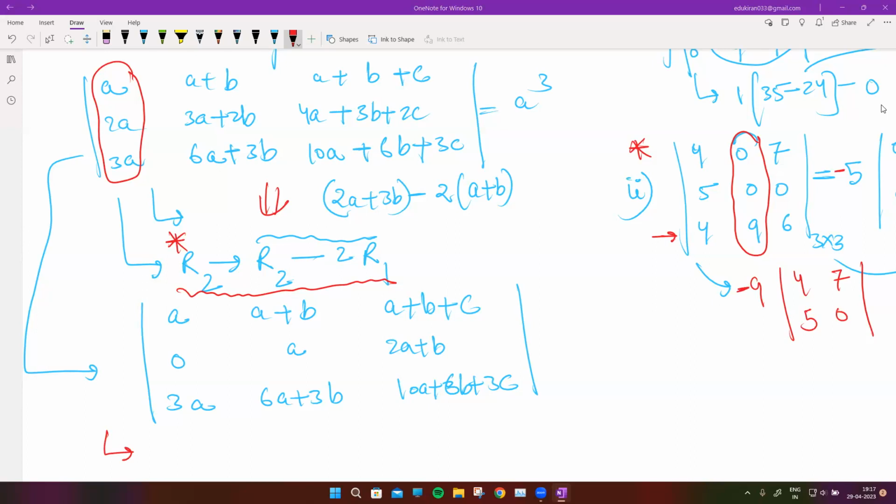I will try to apply a transformation with the help of which I can make this 3a 0. Now this 3a can be made 0 with the help of another a. So I will need this, certainly this. The similar way I have done this, try to apply this rule again. Obviously not with the same values.